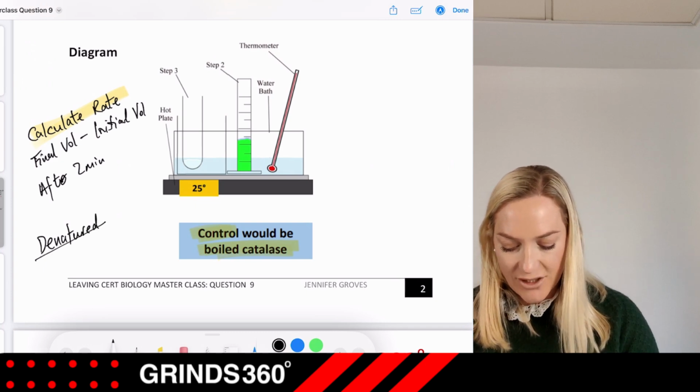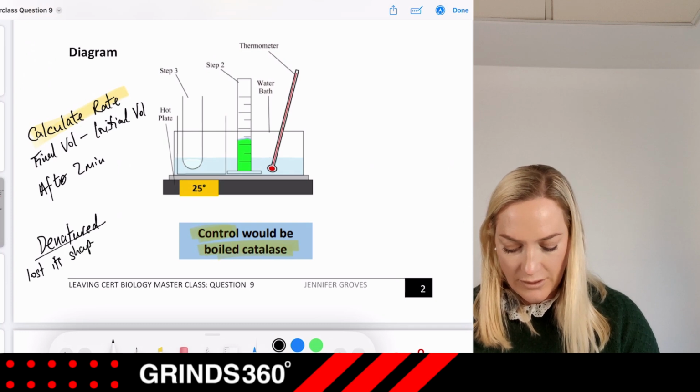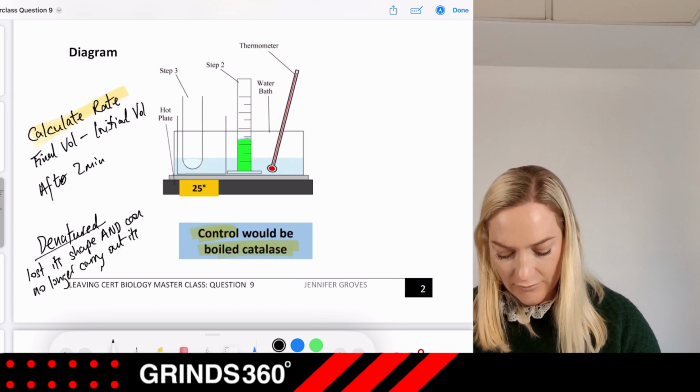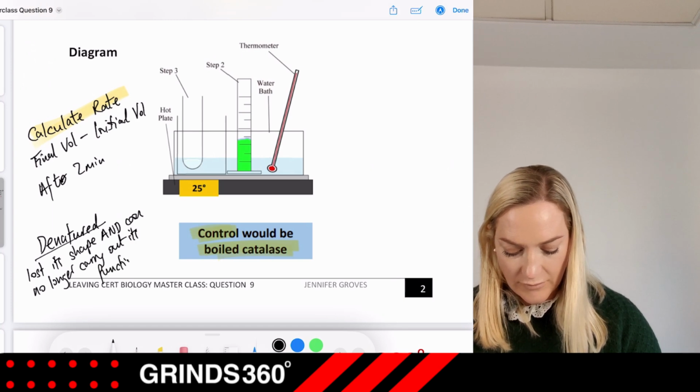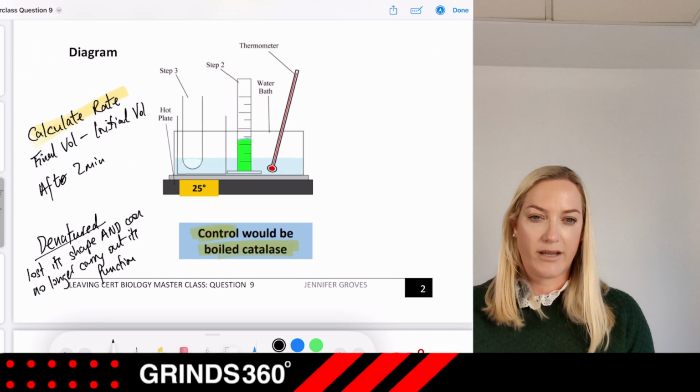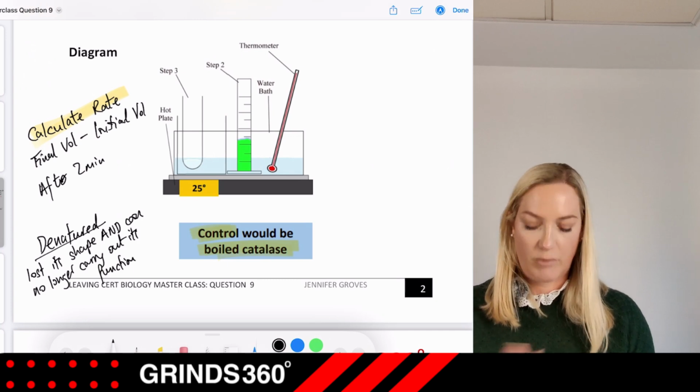And if it's denatured, it has lost its shape and can no longer carry out its function. Now, somewhere in that sentence, write the word permanent or permanently.